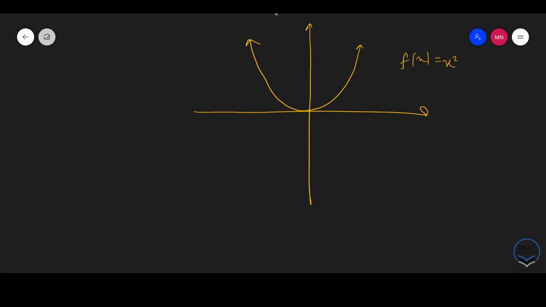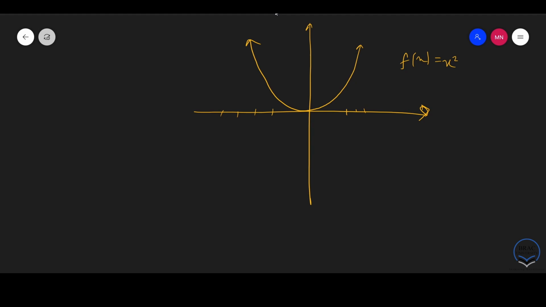Once again, we know that only one-to-one functions have an inverse. So each value of x has to correspond to a unique output. We cannot have multiple values of x that give us the same output.